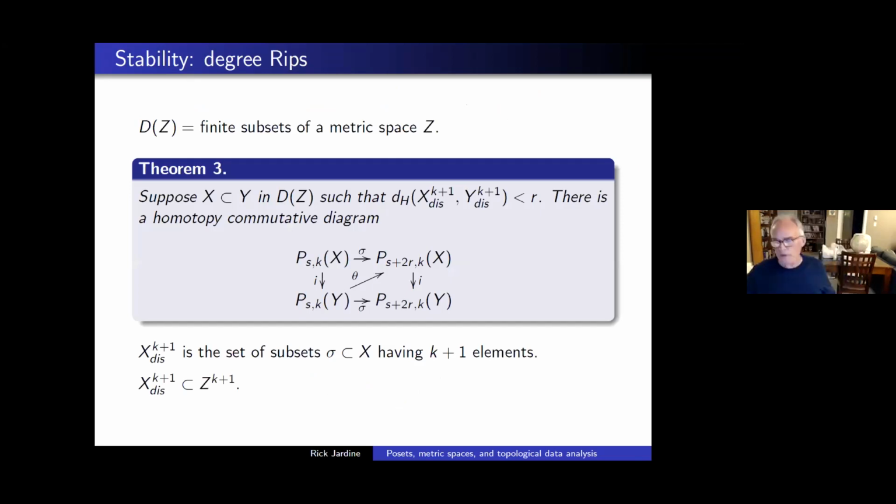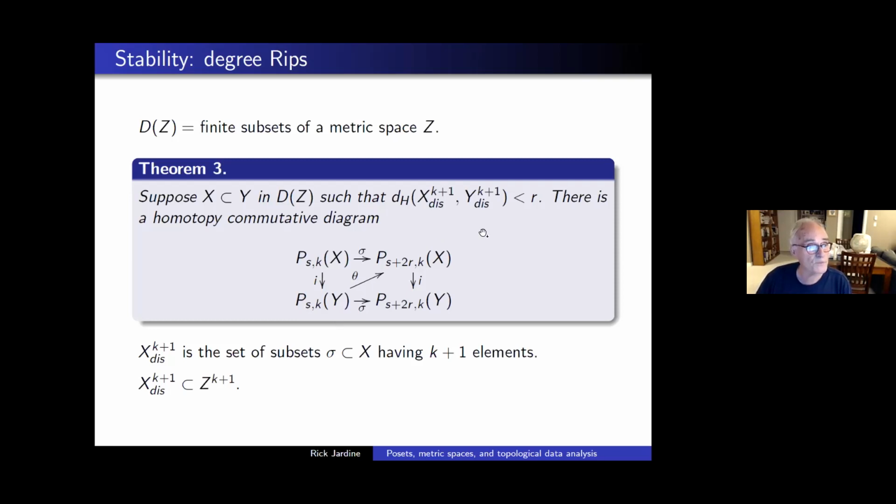Okay, well, there's a corresponding thing for these degree Rips complexes. Again, you're looking at the finite subsets of a metric space Z. Z's usually huge. We have an inclusion of finite data sets sitting inside Z, okay? And now you insist on a slightly more interesting relationship on the Hausdorff distance between two spaces. I'll explain in a second.